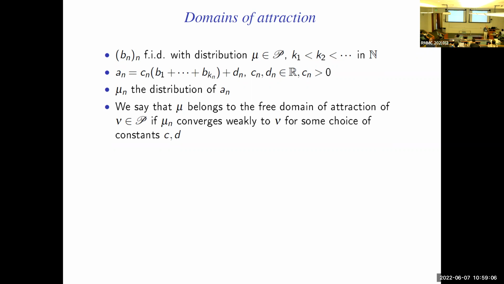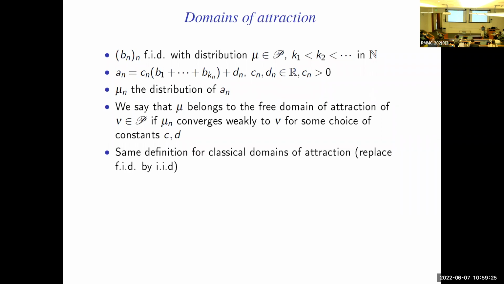And Pata's result gives you a characterization of the elements that are attracted to the semicircle law. And of course, the same definition can also be given in the classical case.